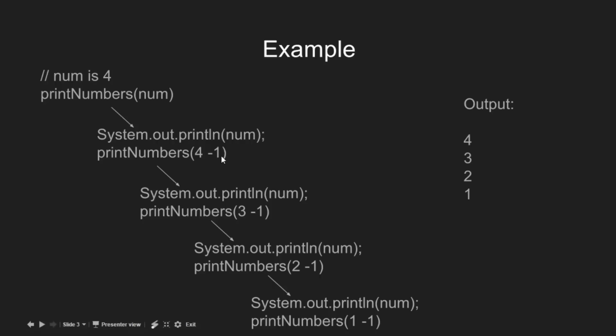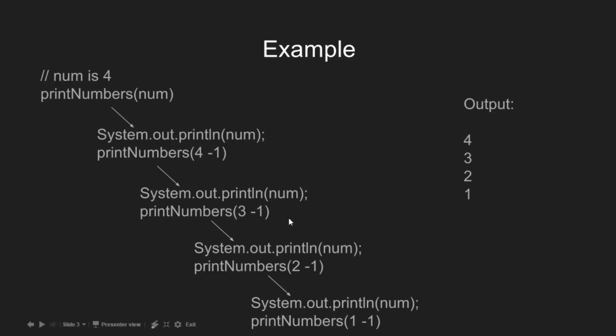It will call itself again, and it will come back right here in the body of that function and print 3, and it will call that function with 3 minus 1. Actually it should be num. I have written 3 just to show you the actual value of num.